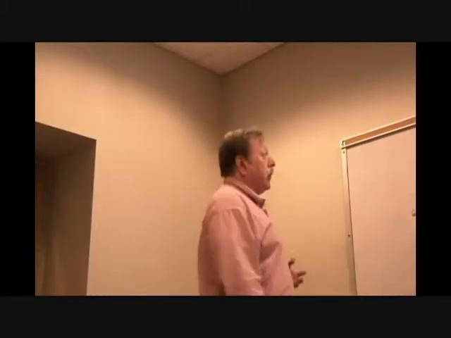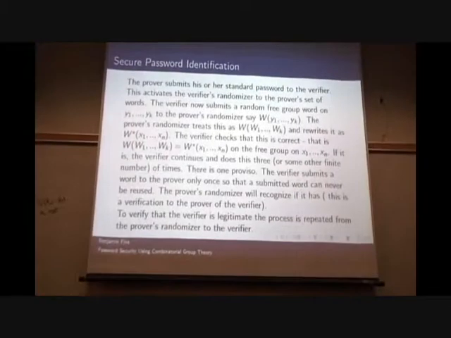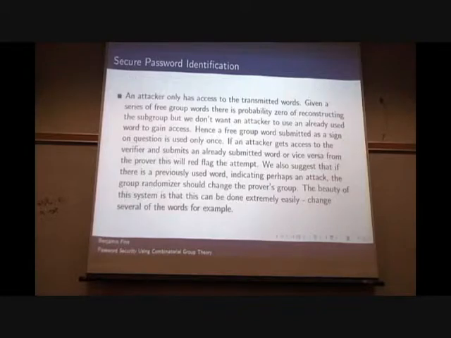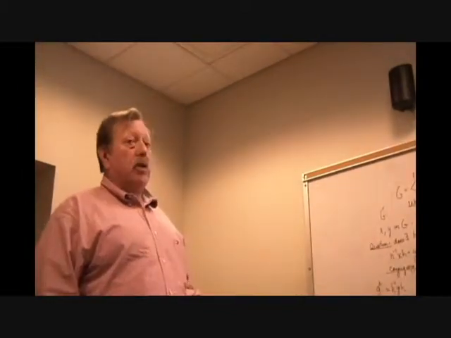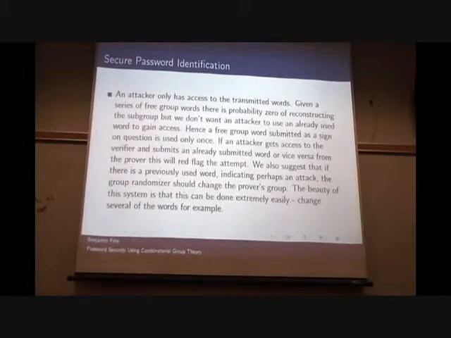All right, now, to verify that it's legitimate, the process is repeated. Very, very simple idea. I'm going to give you a security proof of this in a moment. But before we do that, if you take a look, the attacker has access only to the transmitted words. Given a series of free group words, and this is where the strong generic free group comes in, there's a probability of 0 of reconstructing the subgroup.